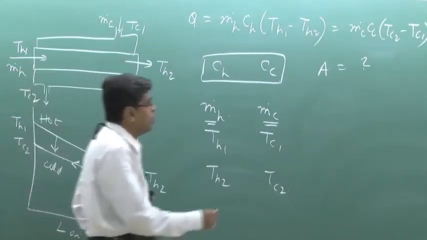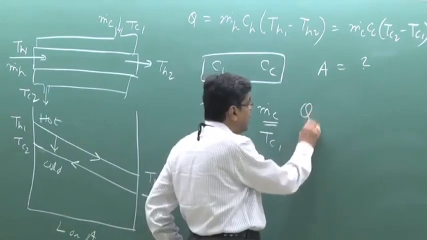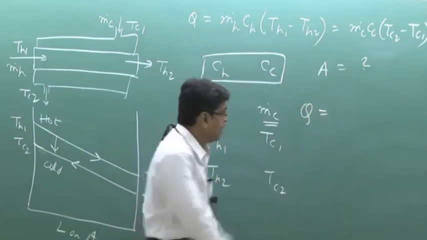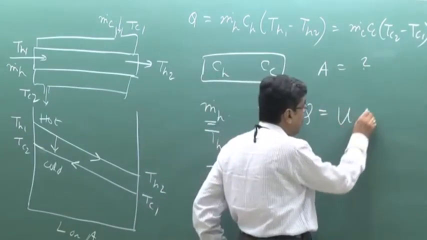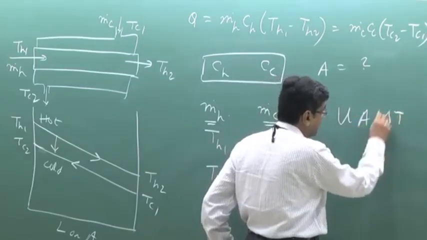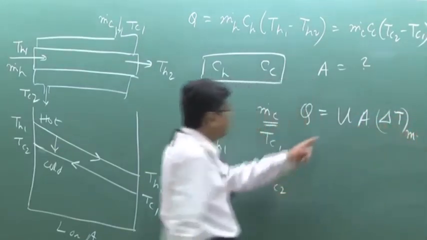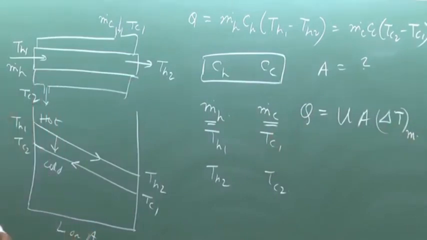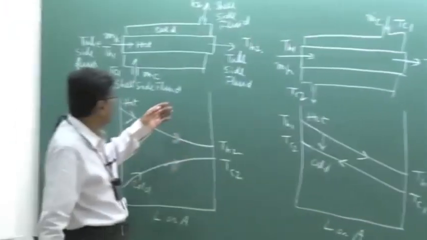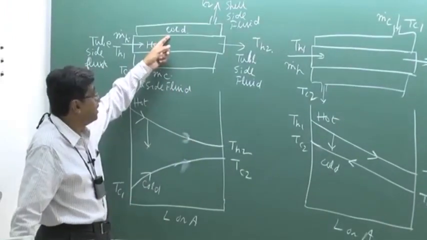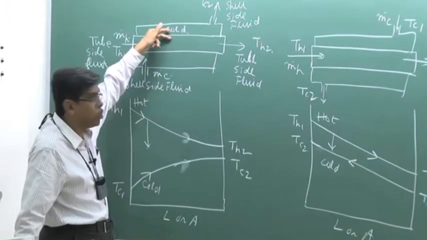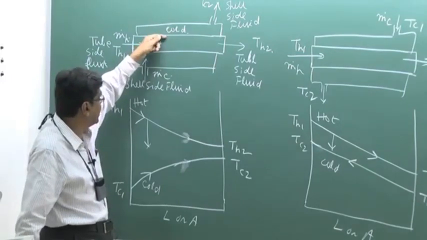This we can find out definitely if we write this equation, Q is equal to UA delta Tm. As I discussed last class, we know the overall heat transfer coefficient. The concept of overall heat transfer coefficient, which was told earlier, is the sum of the heat transfer coefficient of fluid sides, both the sides fluids, plus the conduction resistance.